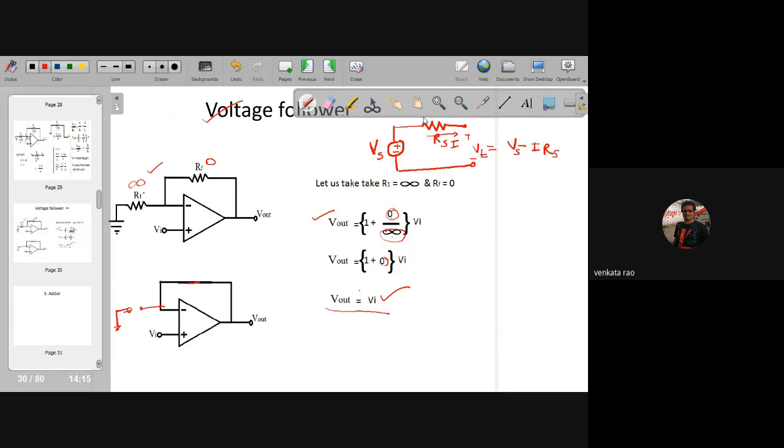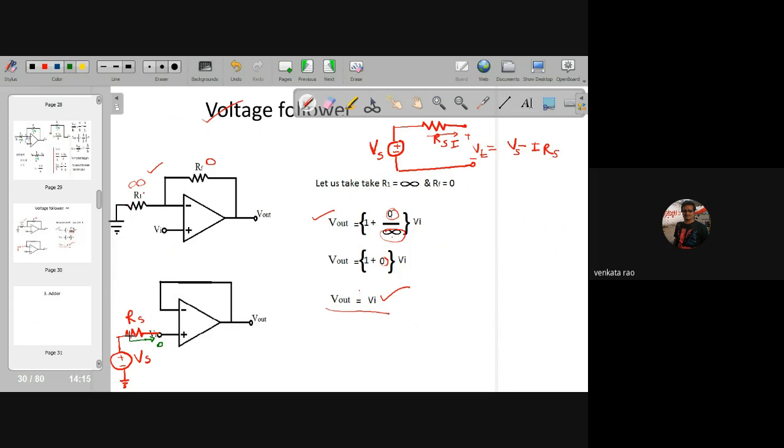Now, I am taking the same voltage source and connecting it here. This is RS, and here I am connecting VS. If you analyze this circuit, the current entering the op amp terminals is 0.